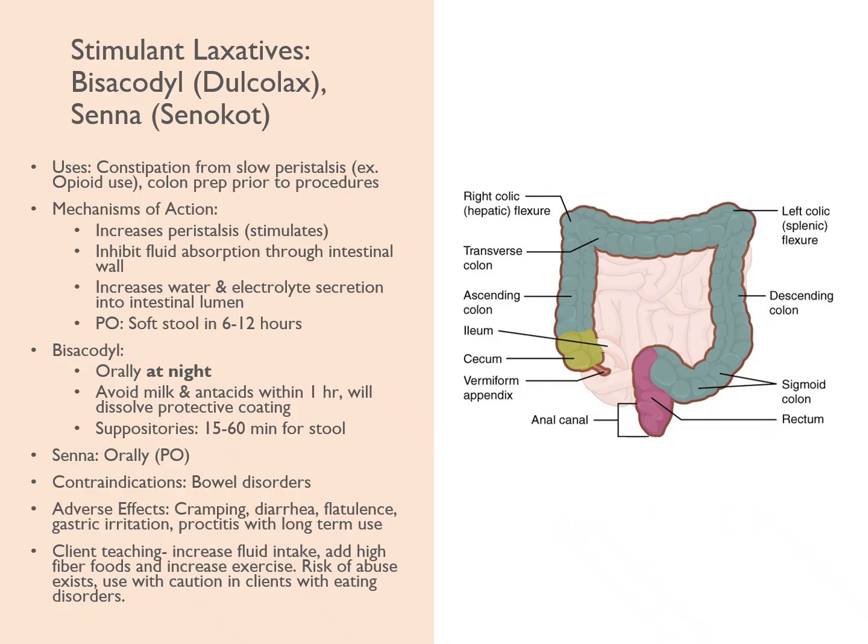Another drug we use for constipation is a stimulant laxative, Senna or Senokot, that we've used before. As you can tell, it is often used to increase intestinal motility, and it's used for opioid-induced constipation or bowel preps for some people. It comes orally and typically works within about 6 to 12 hours, so it's pretty fast compared to the other ones that were 1 to 3 days.